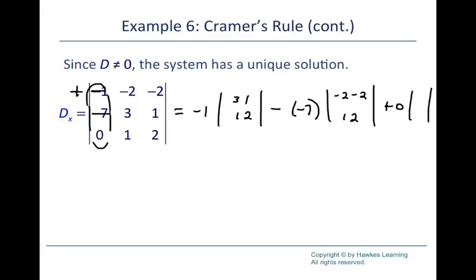But it will be negative 2, 3, 1. It's going to be hard for me to get it in there because I've run out of space. Let me write a little smaller. Plus 0, and then negative 2, 3, 1.